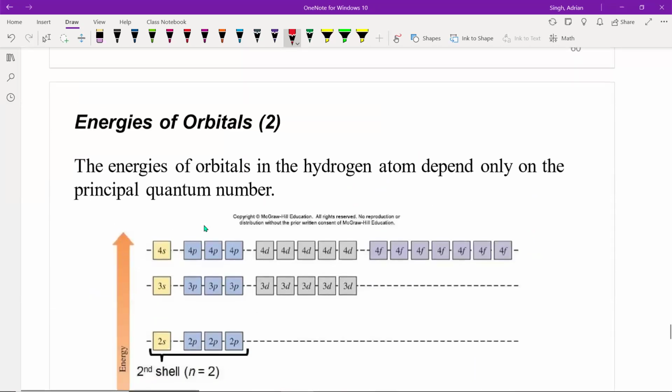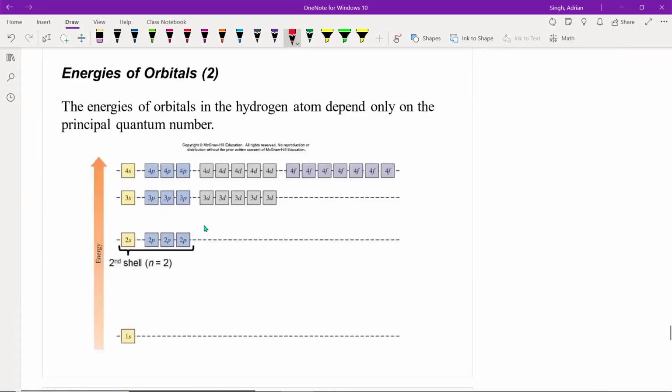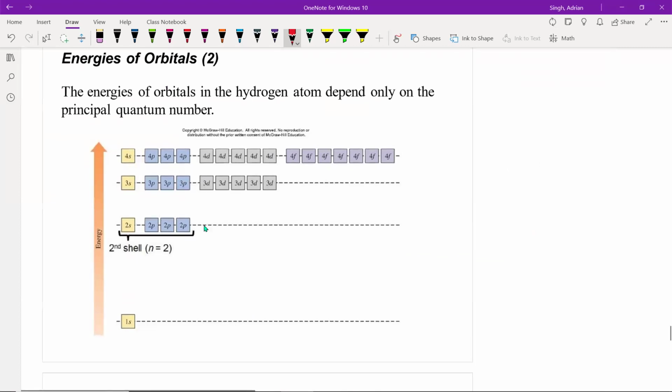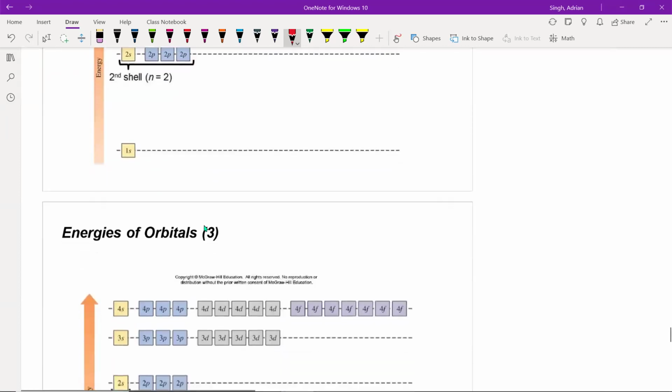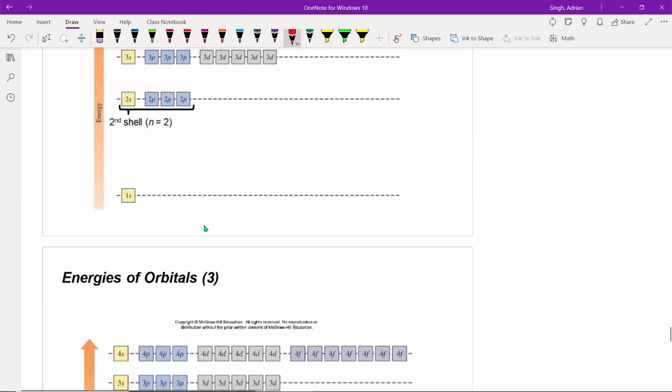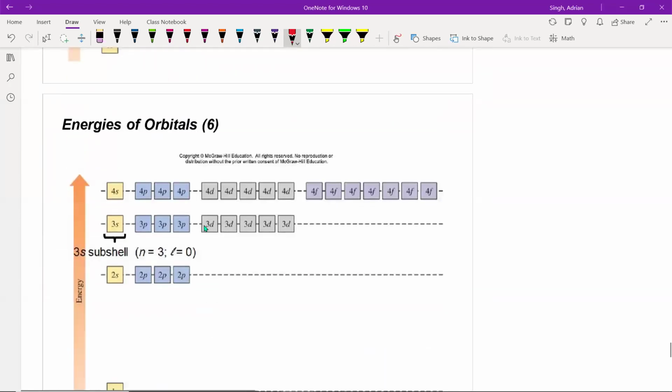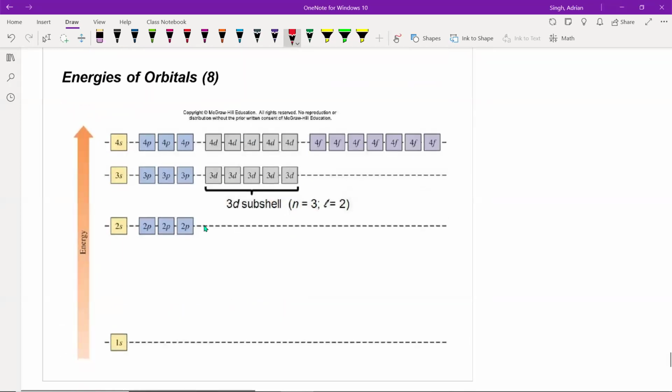All right, so when we plot the energies of our orbitals and energy levels and subshells on a chart, we can see how they vary, how they change from each other. So let's take a look down here.